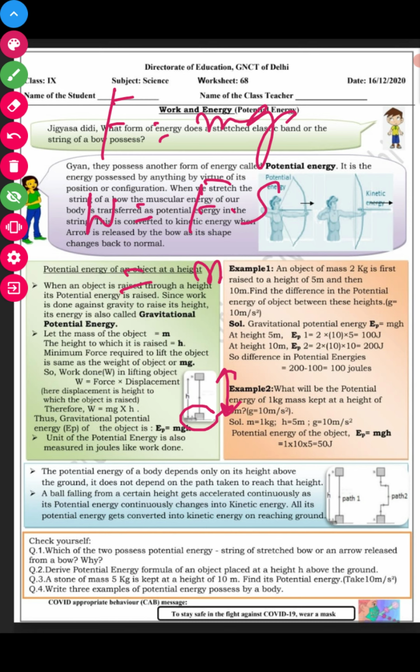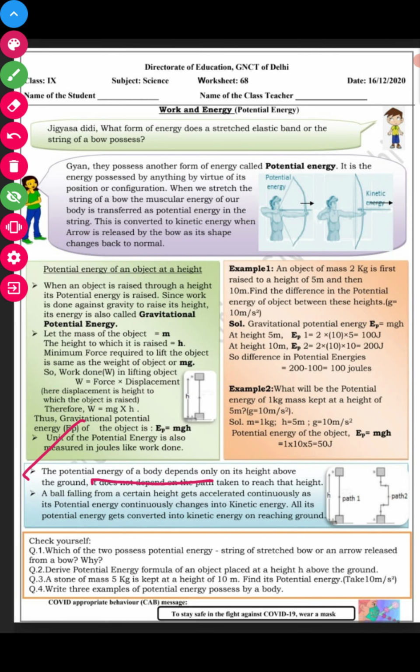We have force mg into s, where the distance here is the height h. So gravitational potential energy Ep is equal to mgh, and the unit of potential energy is also joule.